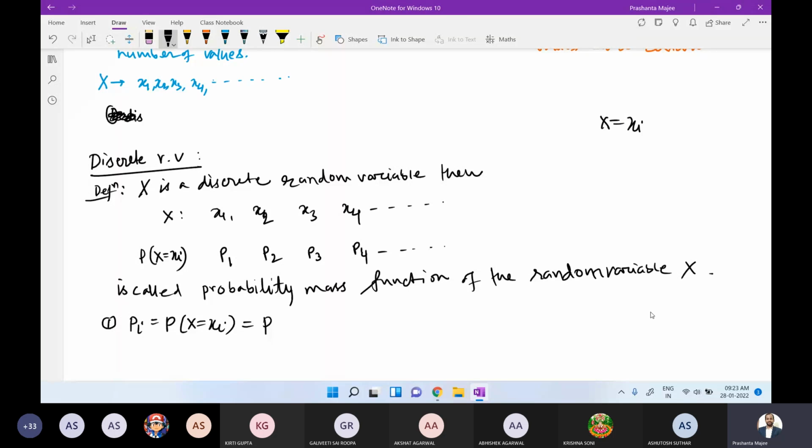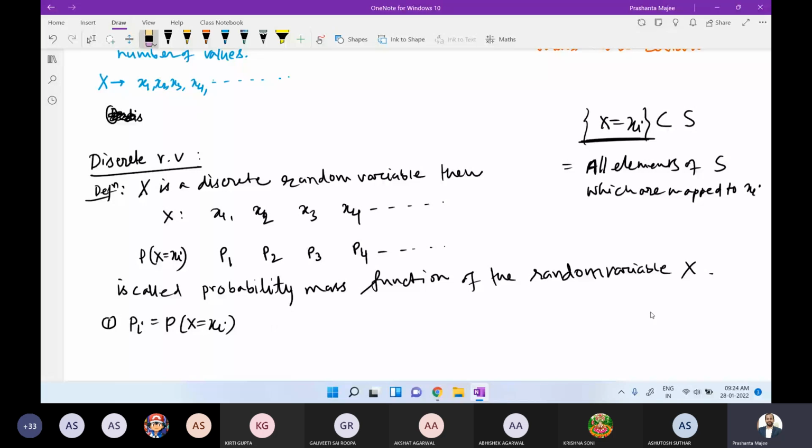It is a subset of the sample space: all those elements of the sample space which are mapped to xi. So what is the probability of that subset? That is P of xi.